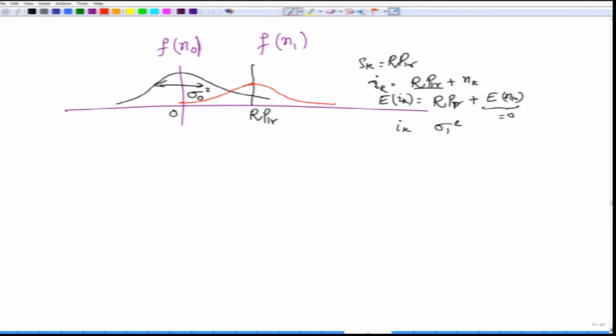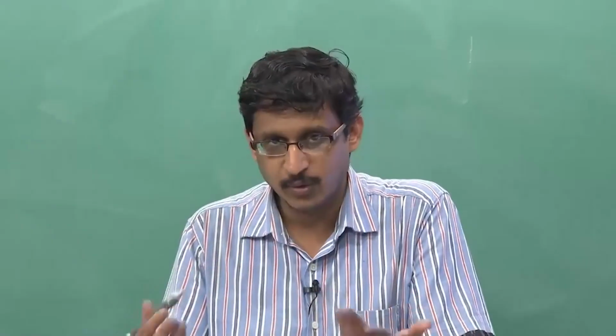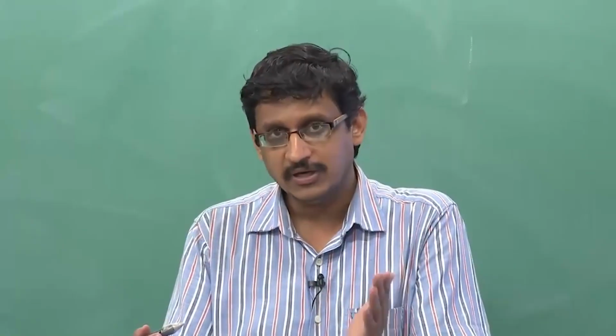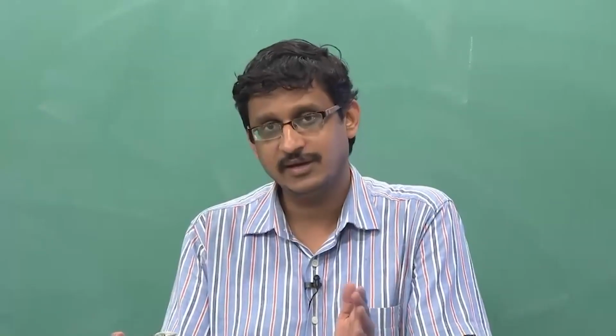Now, coming back to what this PE is, PE is the thing that happens when you receive a bit and decide the bit in favor of 1, but the actual bit that was transmitted was 0. So, you commit an error whenever you erroneously decode the bit.